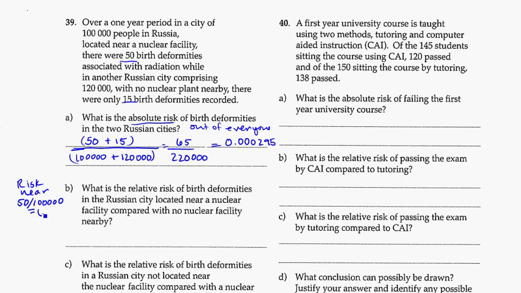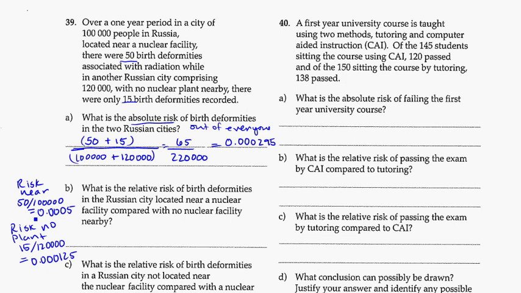And that is equal to 0.0005. And then we can have the risk far, as in no plant. Risk no plant, so those that have no plant nearby. There was only 15 out of the 120,000. And that gets us 0.000125.